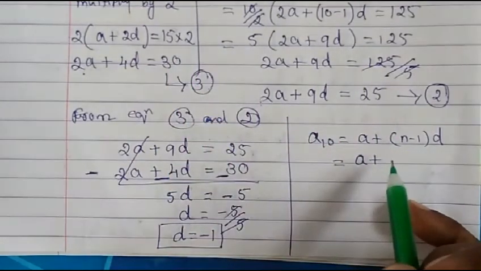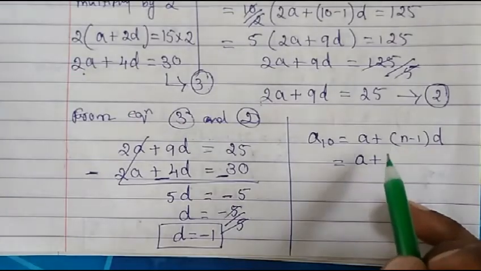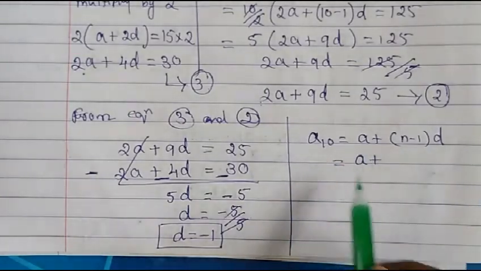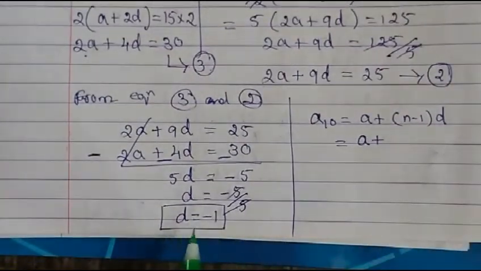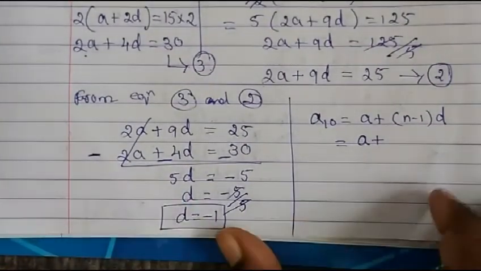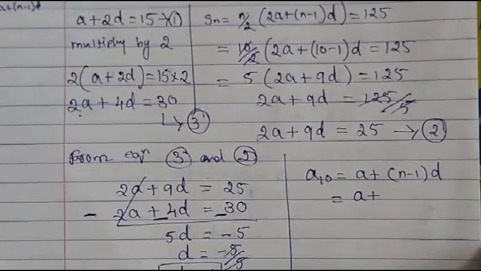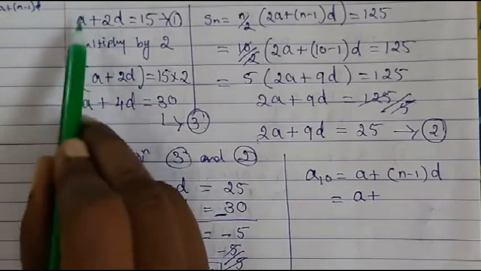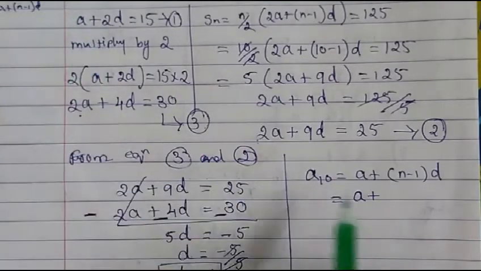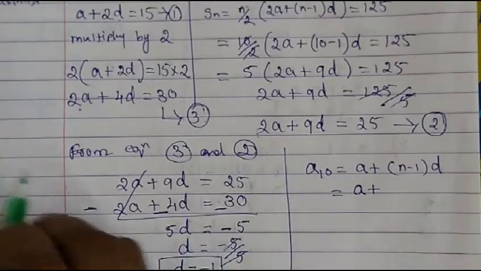We have to get the a value now, right? Without the a value we cannot find this. So then we have to put this d value into equation 1, because it's the smallest equation. So in equation 1, if we put the d value, we can get the a value. So once you get the a value, then we can find out from here. So let's find out the a value. I'll just continue on this side.